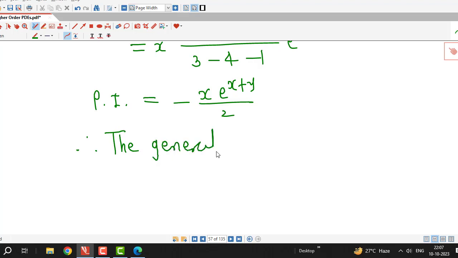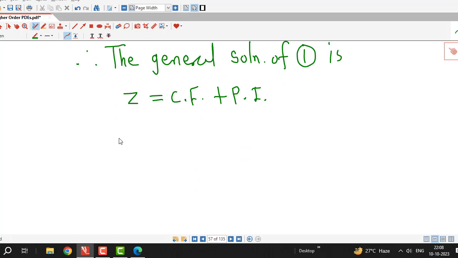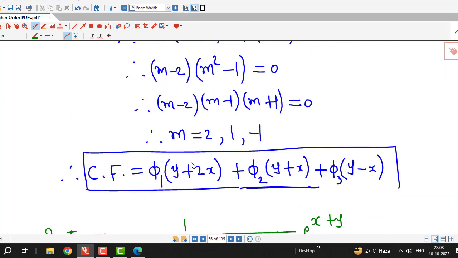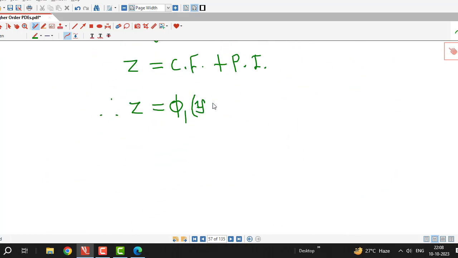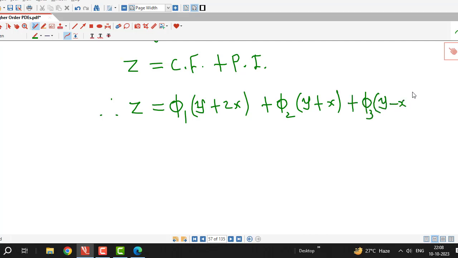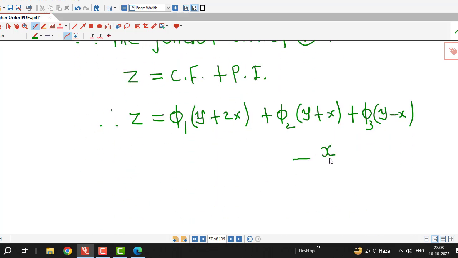Therefore, the general solution of the given equation is z equal to complementary function plus particular integral, and therefore z equal to an arbitrary function of the CF arguments, y plus 2x, y plus x, y minus x, that is, y plus 2x, y plus x, and another arbitrary function of y minus x, plus the particular integral, which is minus x by 2 e raised to x plus y.